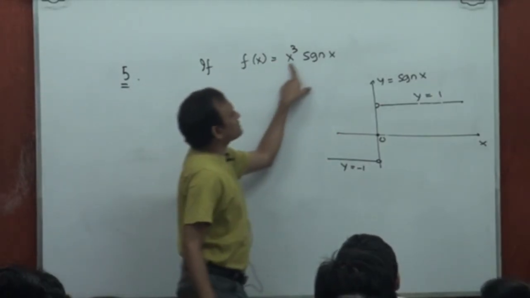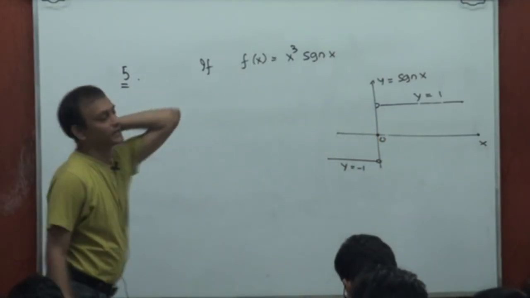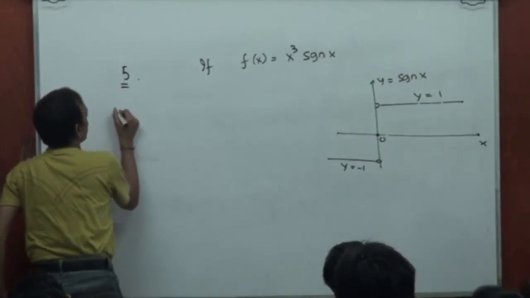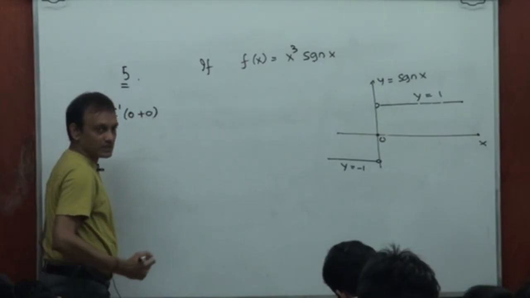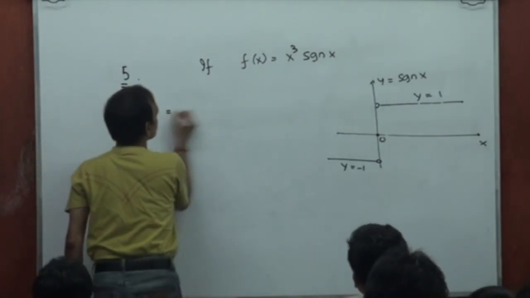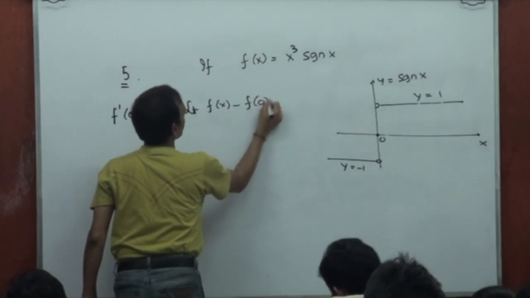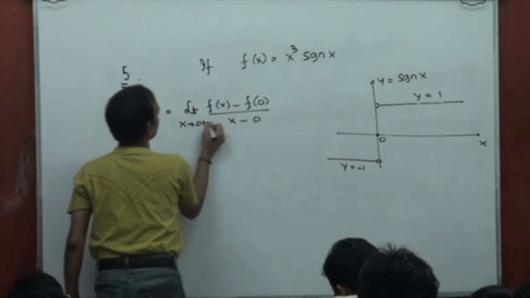Now, f of x is x cube signum x. Let's check on the derivability of this at x equal to 0. f dashed 0 from the greater than 0 side is going to be limit f of x minus f of 0 by x minus 0 as x tends to 0 from the greater than 0 side.